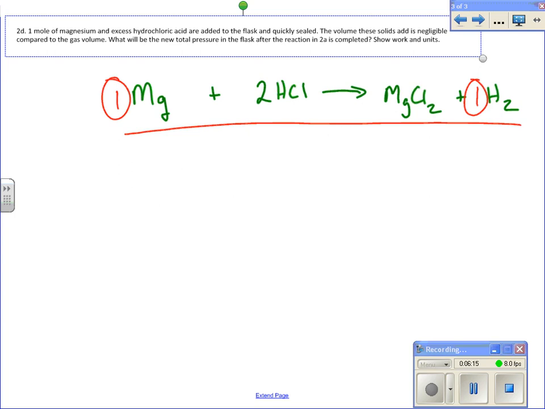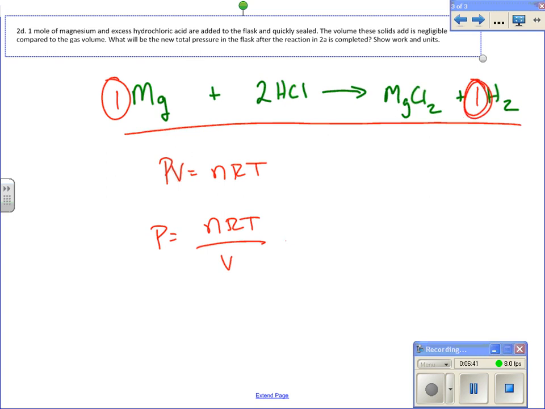We now know that through PV equals nRT, the pressure will be nRT divided by the volume. And we can use Dalton's law to figure out that the pressure is a result of both of these mixtures of gases. The first one that we just solved, we figured out there are 0.019 moles of air in there, and this reaction is going to liberate 1 mole of hydrogen gas.